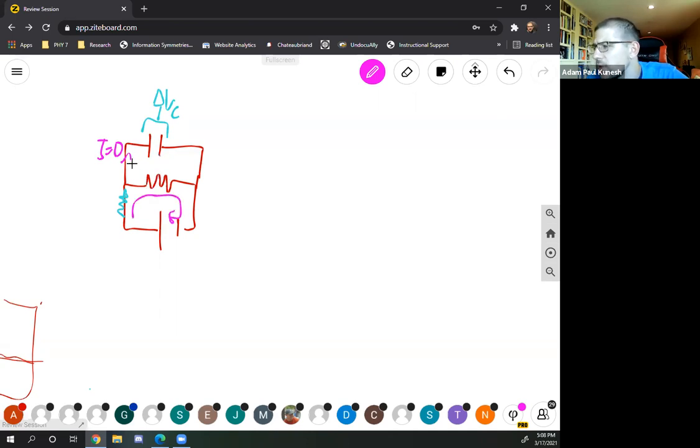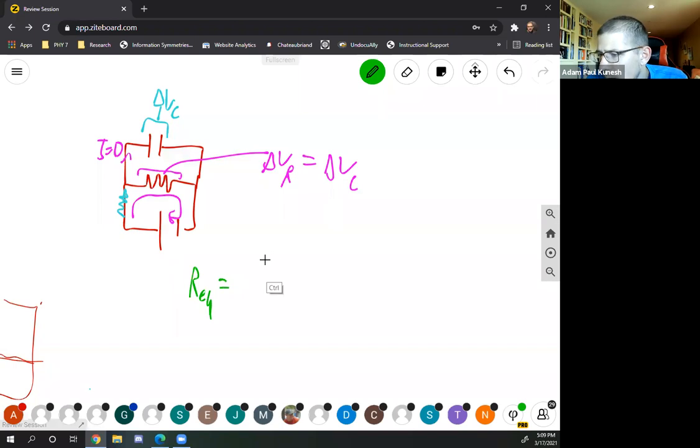The change in voltage across this capacitor is going to correspond to the change in voltage across this resistor, delta VR. So the change in voltage across the capacitor is going to be the same as the change in voltage across this second resistor. The way I would find that explicitly is by knowing the equivalent resistance of these two resistors. When current through the upper branch is 0, this branch might as well not even exist as far as the rest of the circuit is concerned.